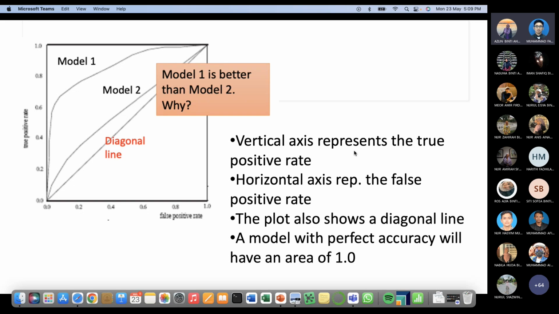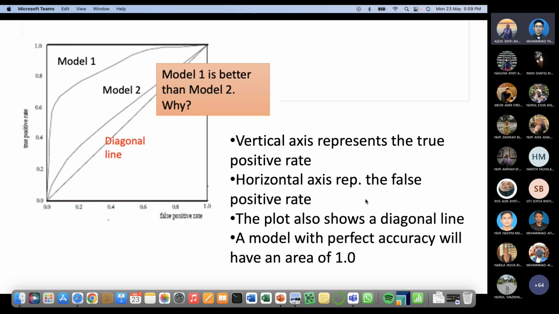The vertical axis represents the true positive rate and the horizontal axis the false positive rate. Model 2 leans more towards false positive, but model 1 leans more towards true positive, because its curve is bigger.